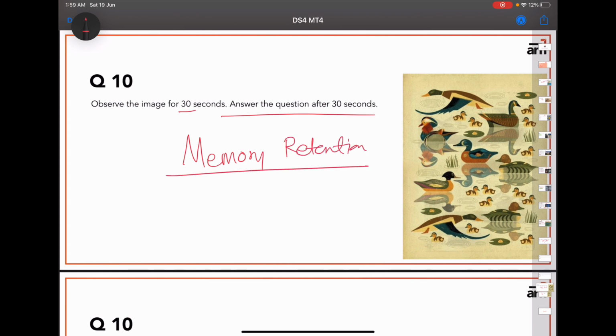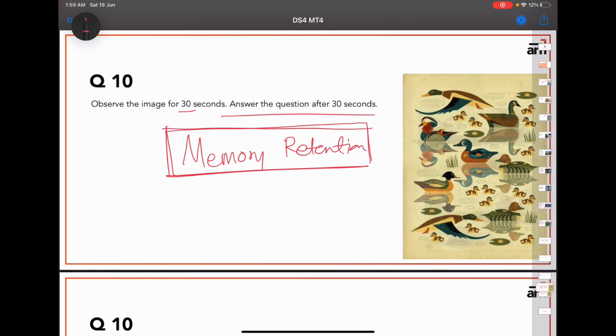See, the way you develop your power or mental power for this type of question is solving as many questions as possible. So if you can search about questions on memory retention and you solve them as much as possible, this will really improve that observation part of your brain.